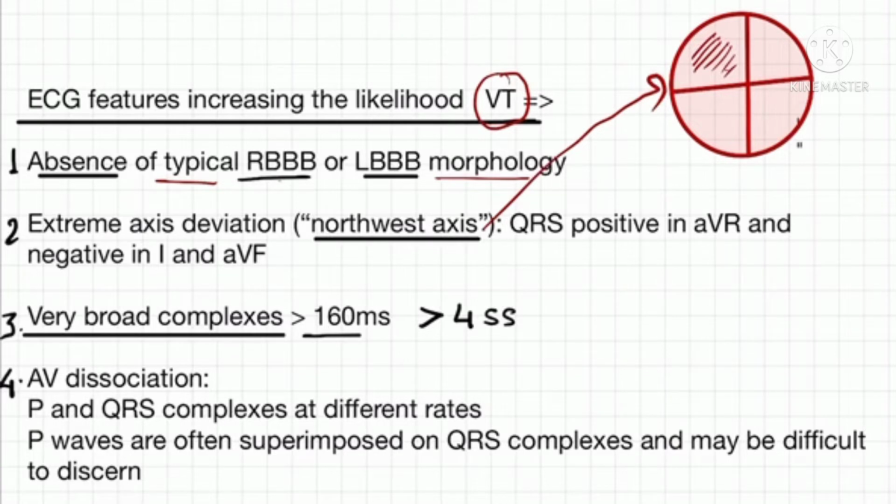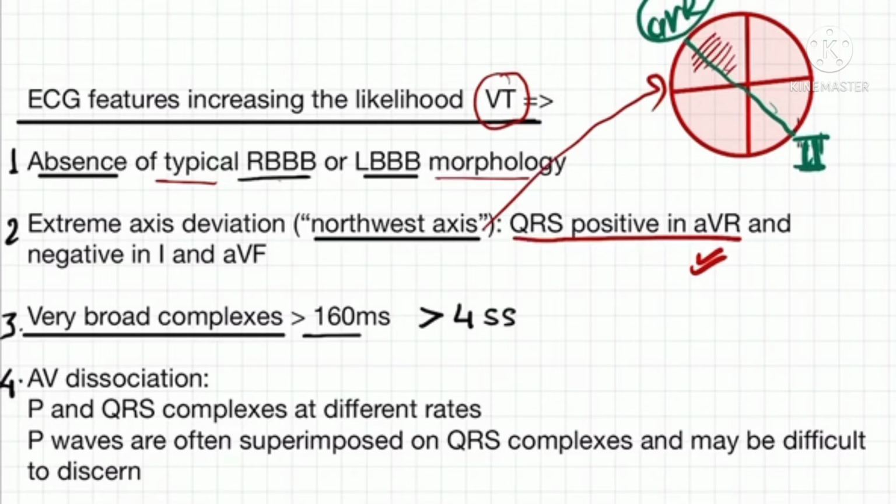For this, we see the QRS is positive in aVR. The aVR lead is opposite to lead II, which is at 60 degrees.